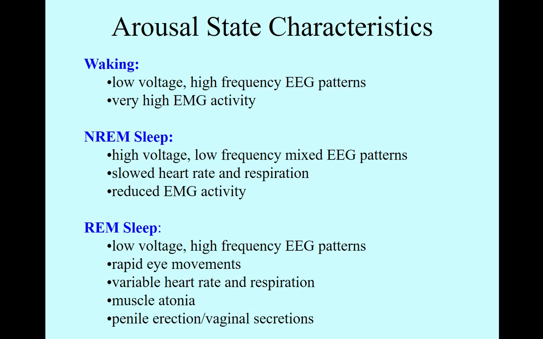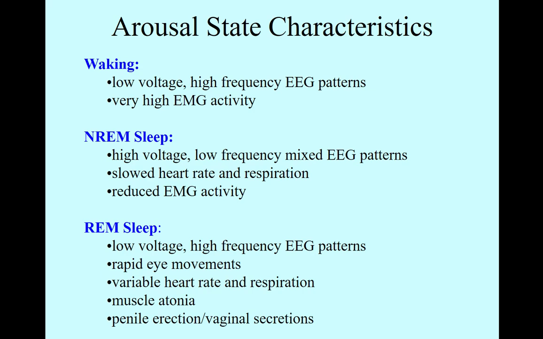So, as we showed in the previous slide, low voltage, that's low amplitude, high frequency, that's fast, EEG patterns, and very high muscle activity. Very high, so it's the same sort of image you see, but the spikes are very high, they're very fast. As we transition into non-REM sleep, the EMG activity slows down.